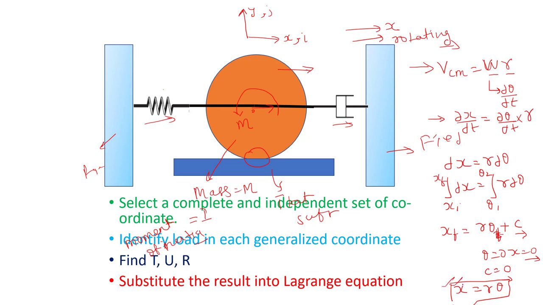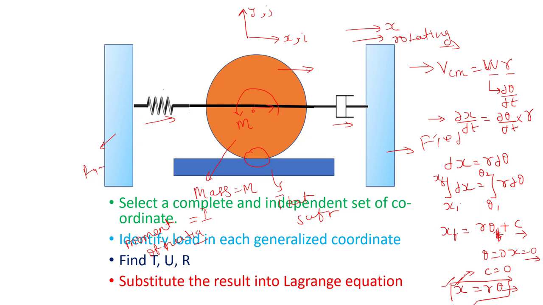From here we can see that these generalized coordinates are interrelated to each other. Now we have two options: either we can go with theta as a generalized coordinate, or we can go with x as a generalized coordinate.